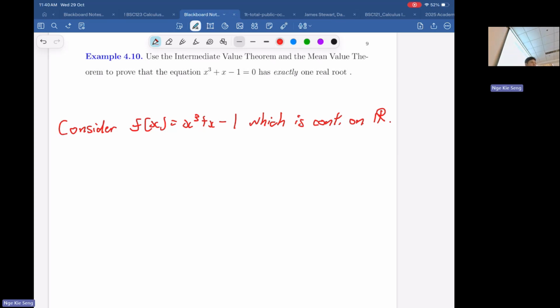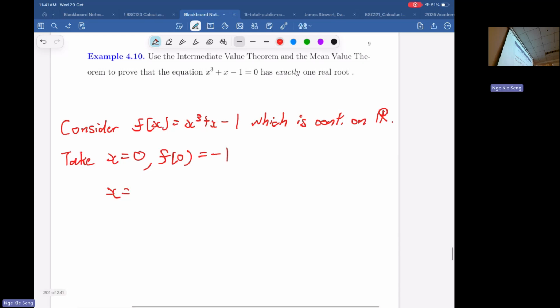Sure, I think testing values is fine because we just need someone that gives us something positive and something negative. So let's take x equals 0. f(0) is actually -1. And then x equals what? 1. Okay, f(1) is 1 plus 1 minus 1, which is 1.